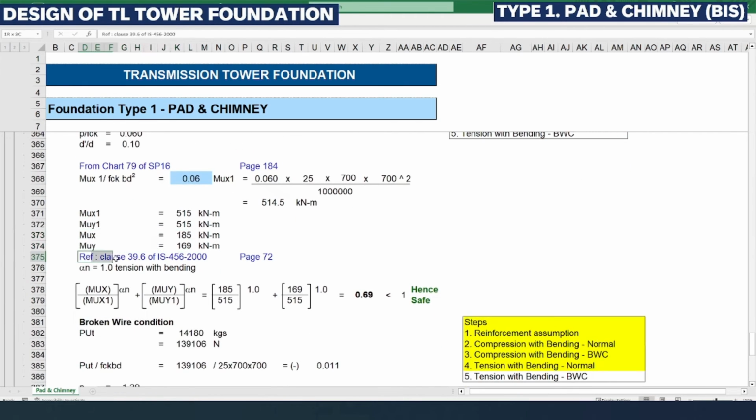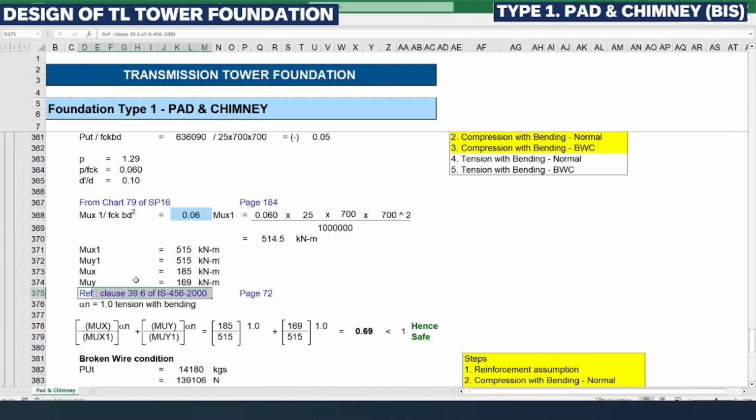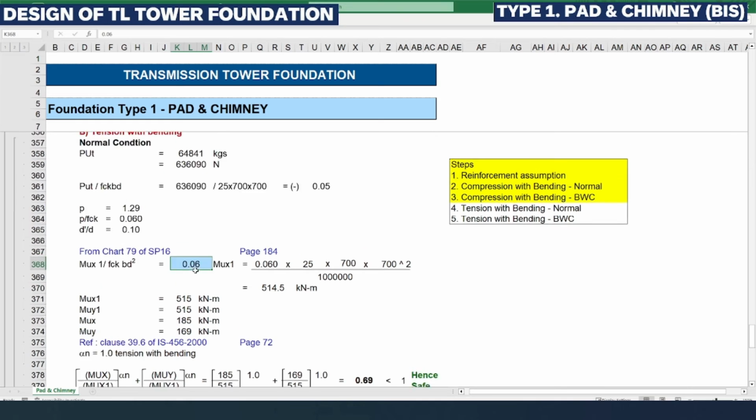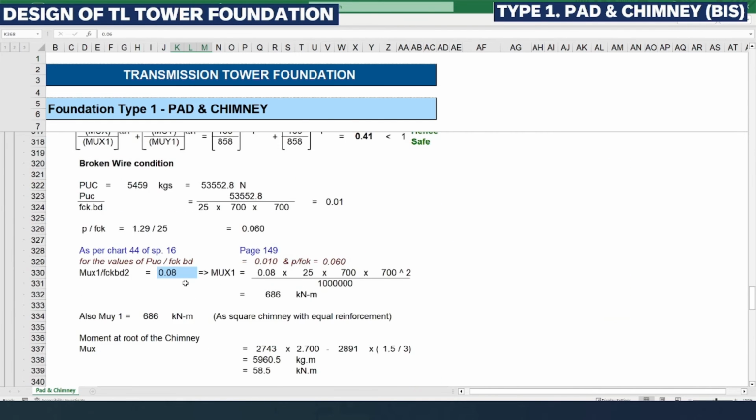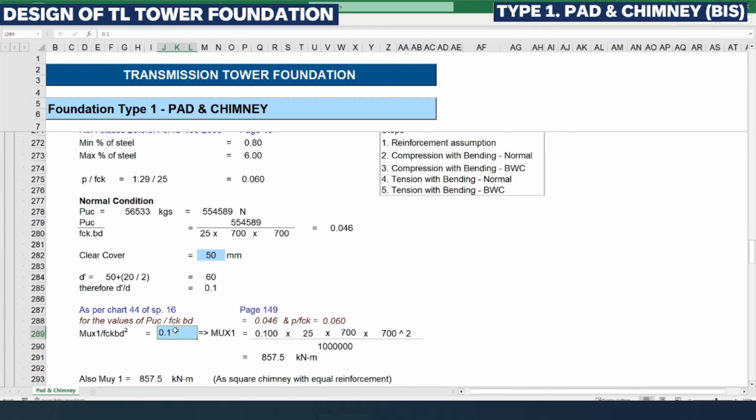Then with reference to IS 456 clause 39.6, same as we had done for compression and bending, the same equation we are going to apply here. So here the factor is 0.69, because this Mux by fck bD square value from the chart in case of tension with compression gets reduced. Here in the normal condition you can see it is 0.06 we had considered for tension with bending, but in compression with bending the value is 0.1, which is higher than that.